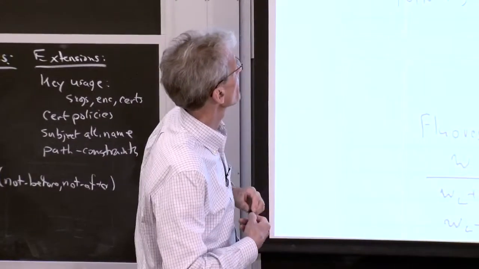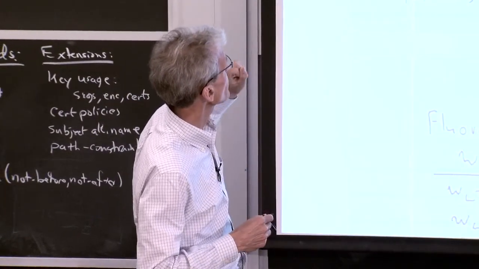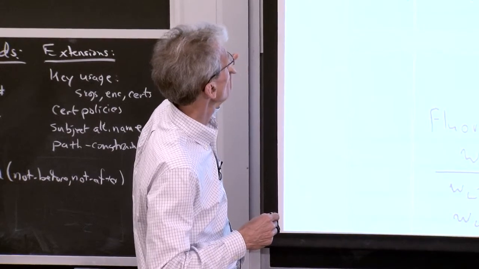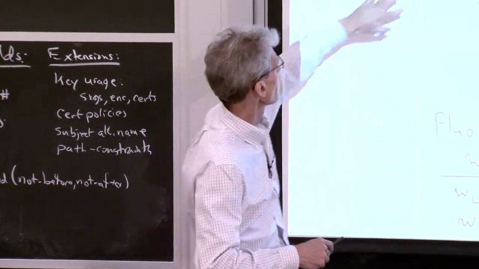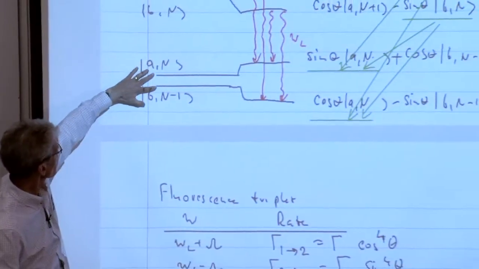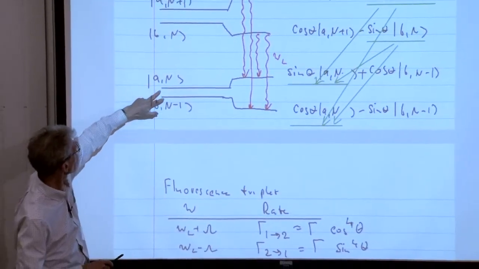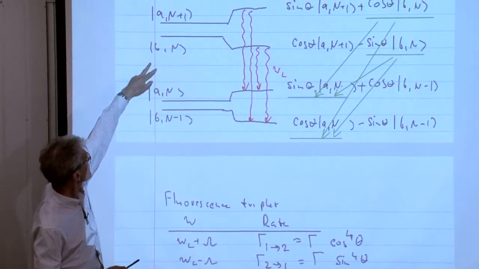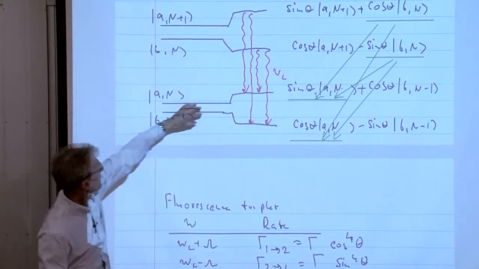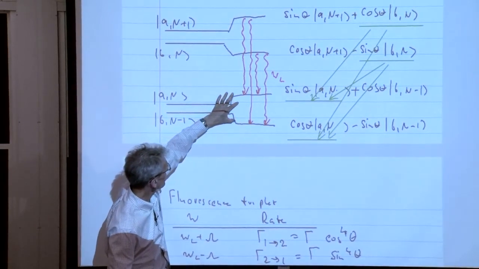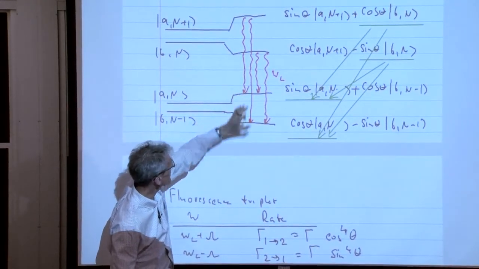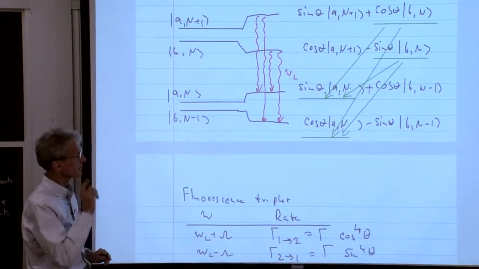The way we obtain it is the following. We have the manifold with n-1 and the manifold with n photons, and this is the detuning, and if we allow for the atom-laser coupling, the splitting here is the generalized Rabi frequency.